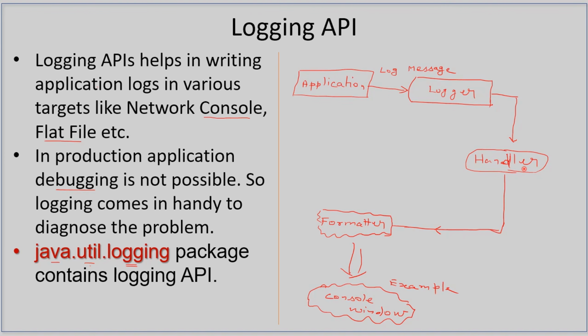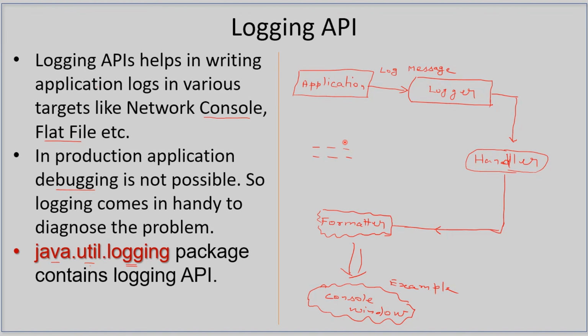The handler will decide the target location, whether it needs to deliver that message to a console window, a network output window, a flat file or an XML file. Likewise, there will be multiple handlers, and the handler will decide the target location. And there is a component called formatter. The formatter will tell in what format the log message can be written.